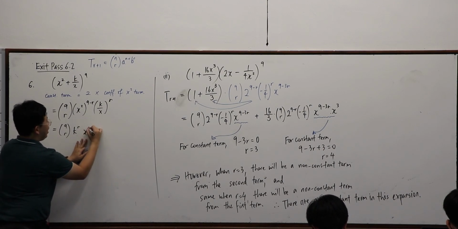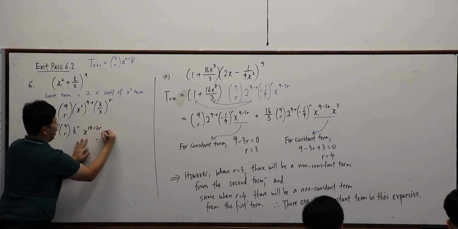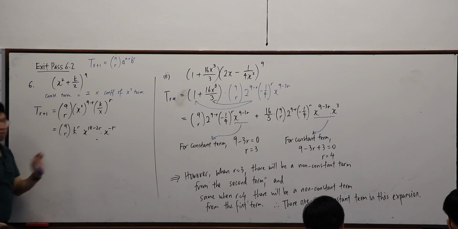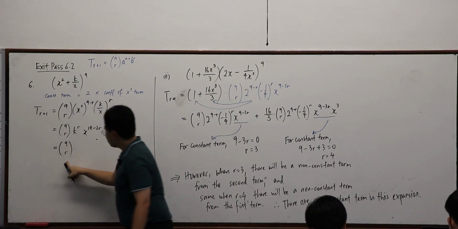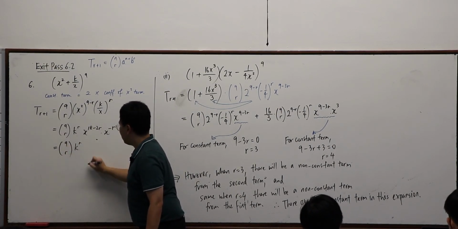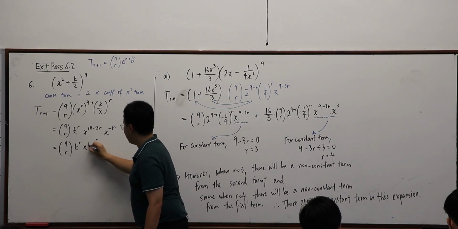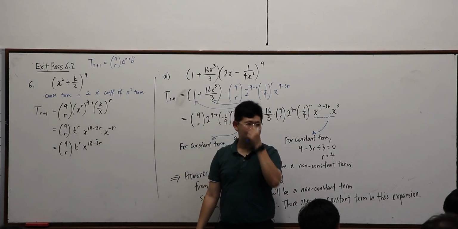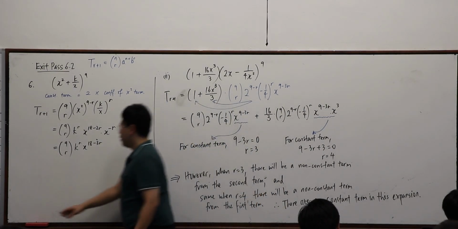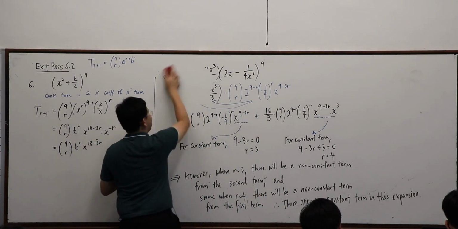Then I have x to the power of 18 minus 2r times x to the power of negative r. Then let's gather everything together: 9 choose r, k to the power of r, x to the power of 18 minus 3r. So this is the general form first.